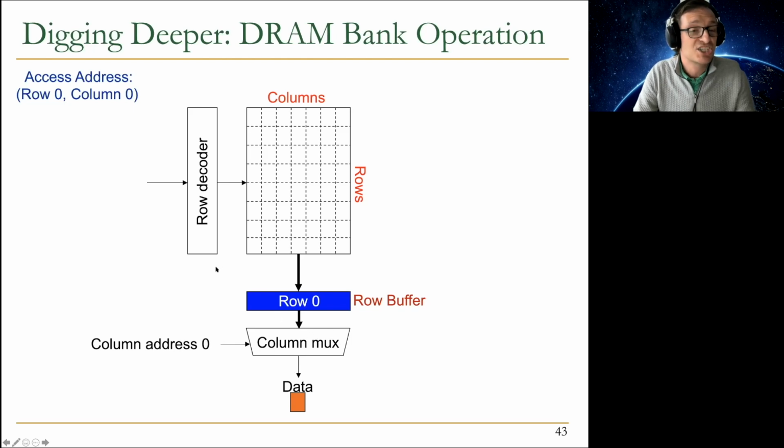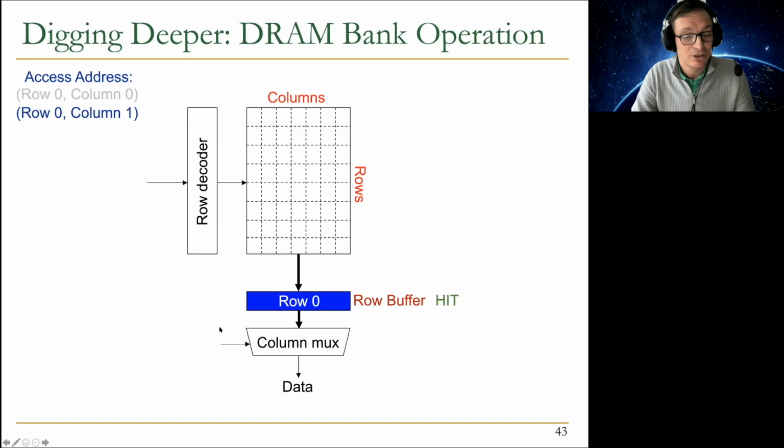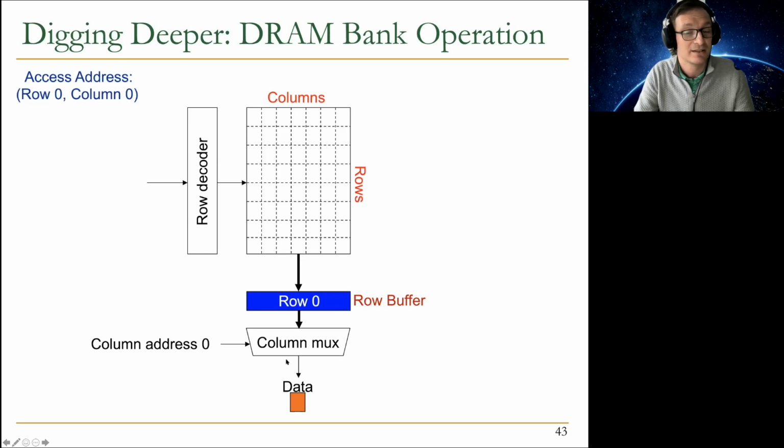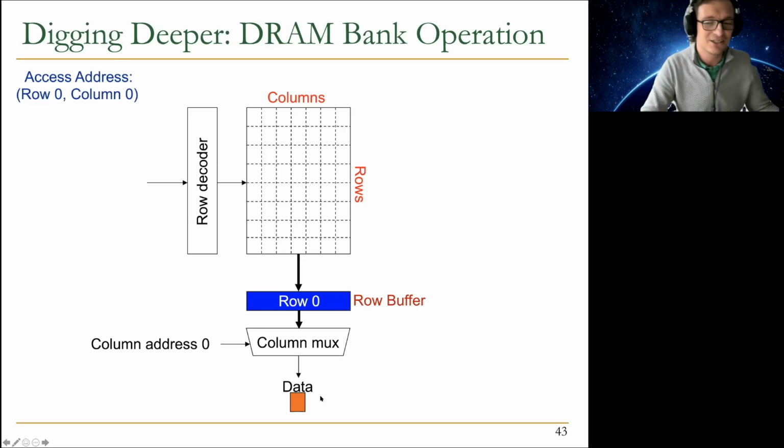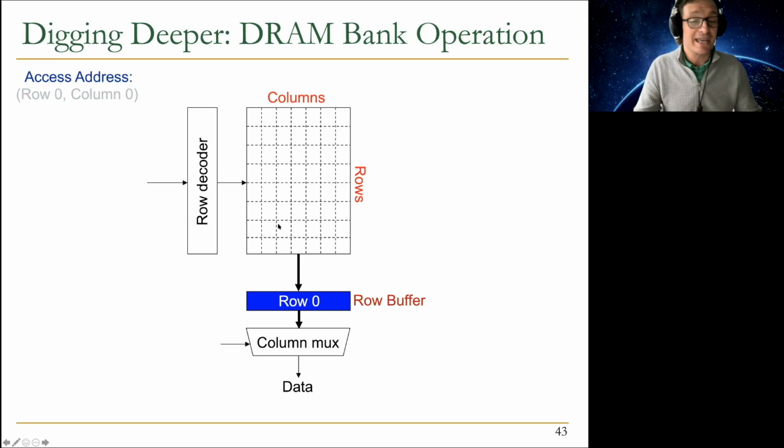The job of the decoder is, given an address, you assert only one line so that the line that you want is enabled. In this case, row 0. The job of the multiplexer is, given an address, you select what you want. Here you have some number of columns, and you want to select column 0, the data out. That's the idea over here. So this is what we did to access row 0, column 0.